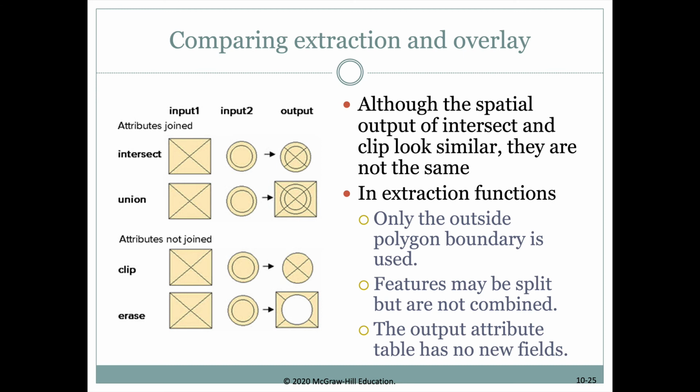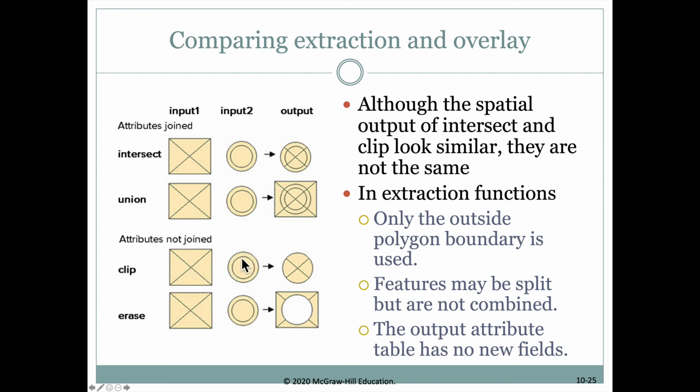So one thing that's important to compare is how these overlay analyses compare with extraction analyses. Overlay analyses are different than the extraction analyses because they combine all of the features from both layers, and this is not true of the extraction. With the extraction, we're basically just using this edge here as a cookie cutter.